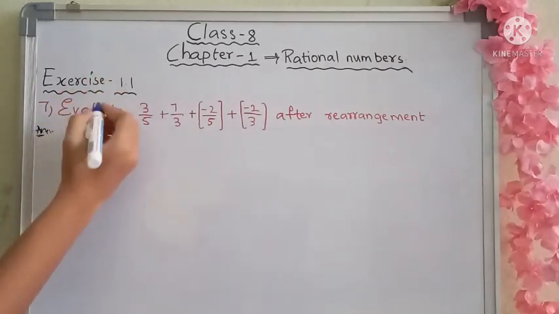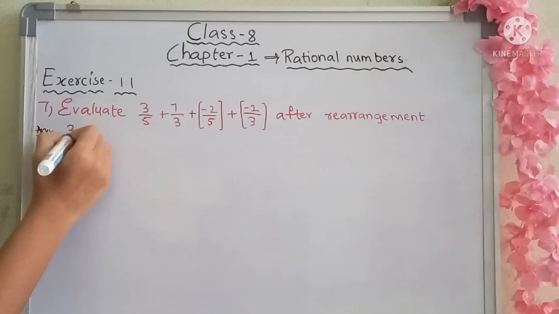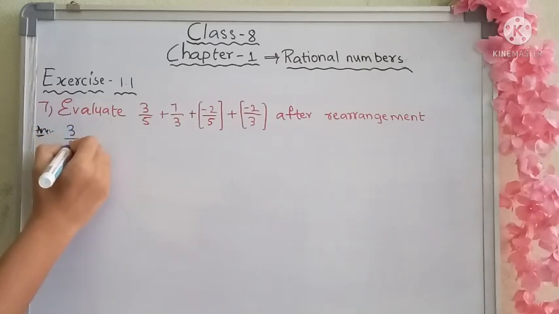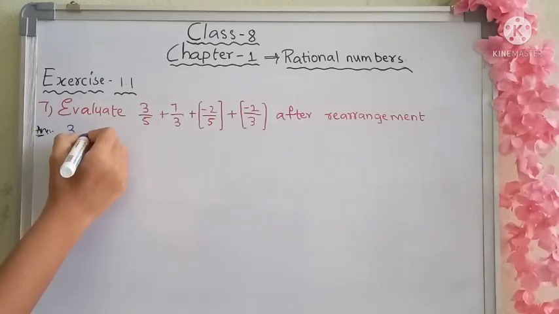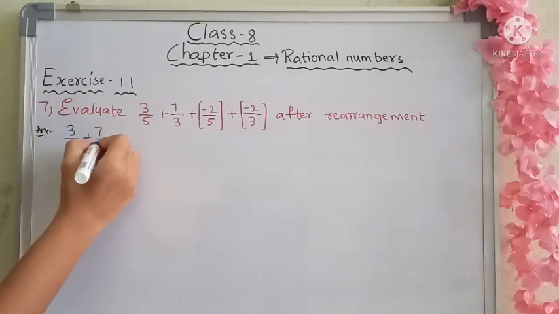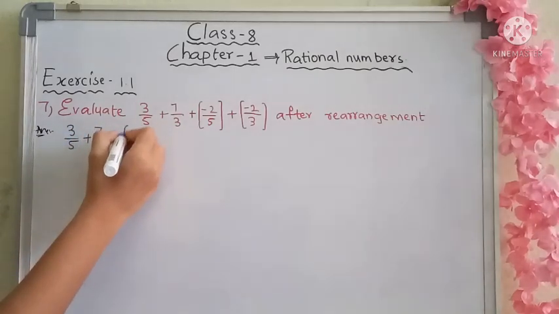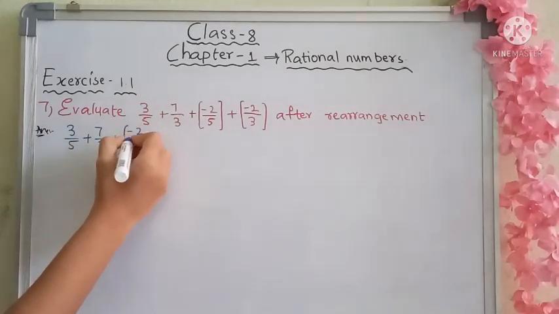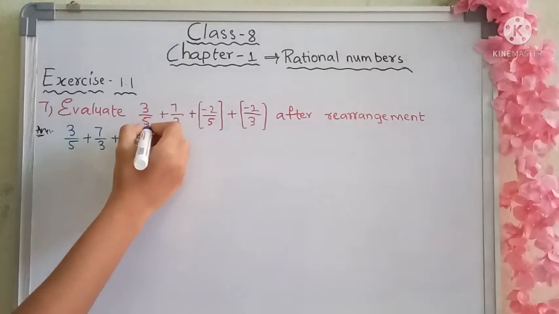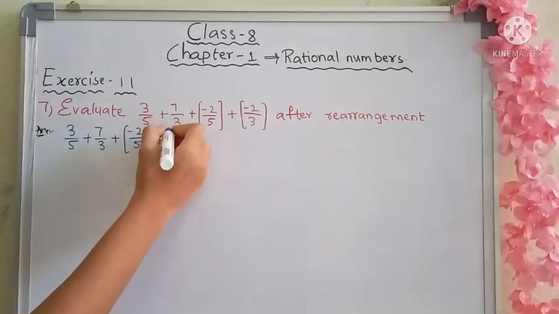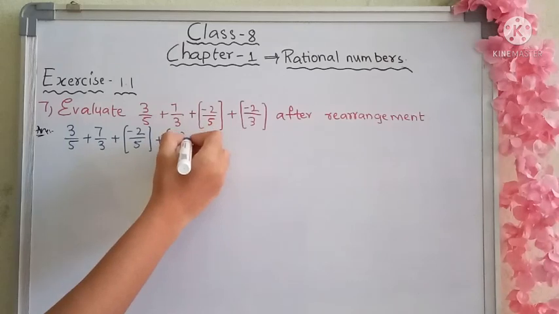So now let's solve it. 3 upon 5 plus 7 upon 3 plus of minus 2 upon 5 plus of minus 2 upon 3.